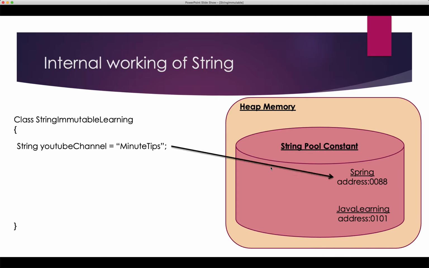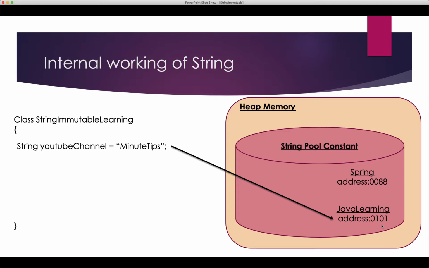First it will compare the value Minute Tips with the value present on address 0088, that is Spring. It compares: Minute Tips equal to Spring? No. It moves forward and compares the value present on 0101, Java Learning.